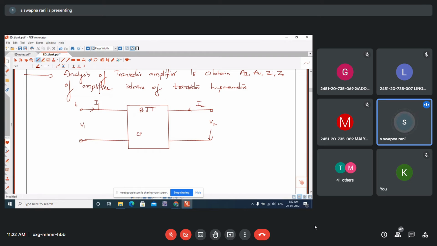The BJT could be in CB, CE, or CC in any configuration. So this is a transistor configuration, which is acting like a two-port network.